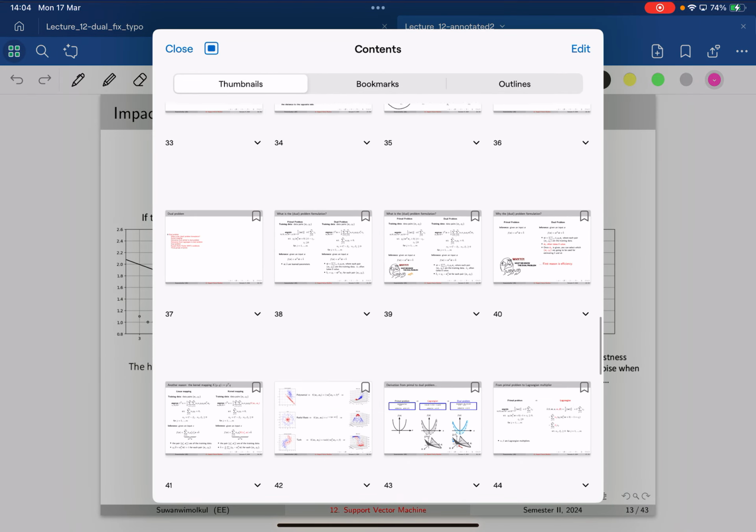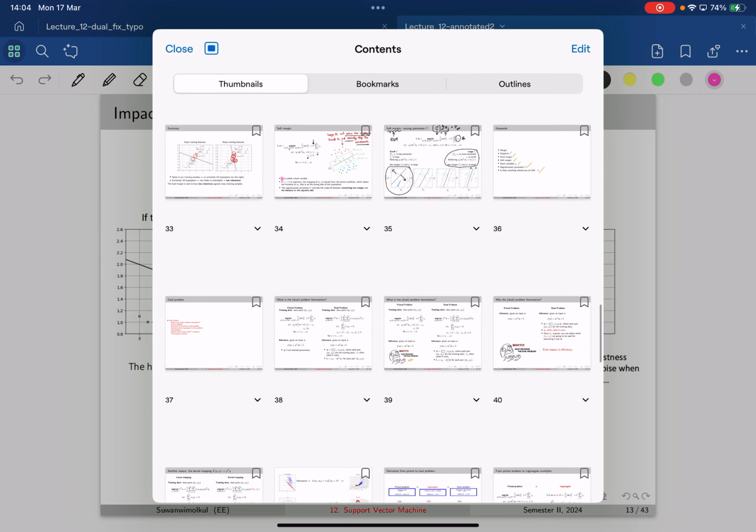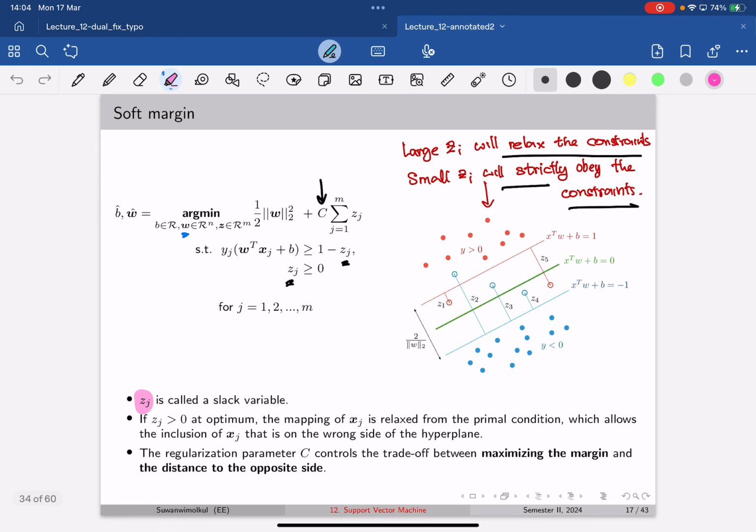I'll just go over the previous day. Okay, this is what we've learned last time. This is the normal vector to the hyperplane. Like this one. And b here is how you would shift this hyperplane up or down.